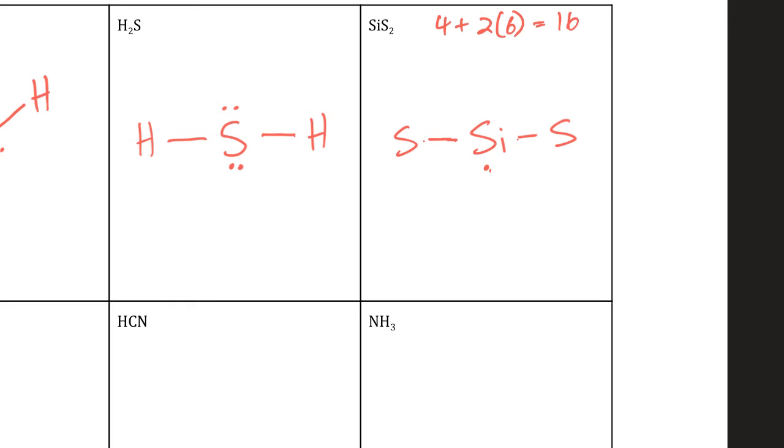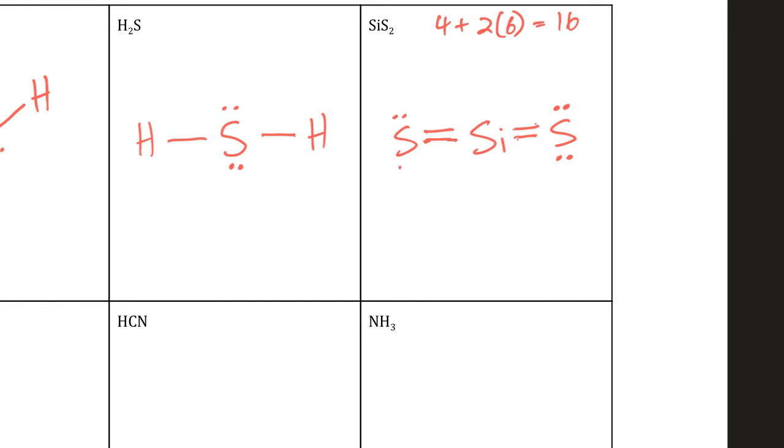Let's try moving these 2 electrons and forming double bonds with sulfur and see if it satisfies the octet rule. So 1, 2, 3, 4, 5, 6, 7, 8. That satisfies the octet rule. Now let's look at sulfur, the 2 sulfurs. Sulfur has 6 valence electrons, so that's 1, 2, 3, 4, 5, 6.